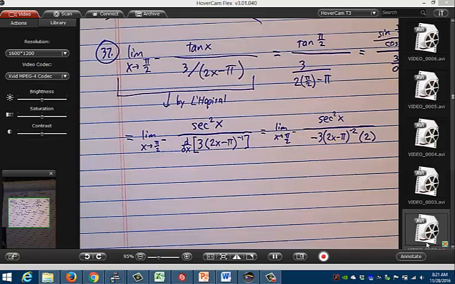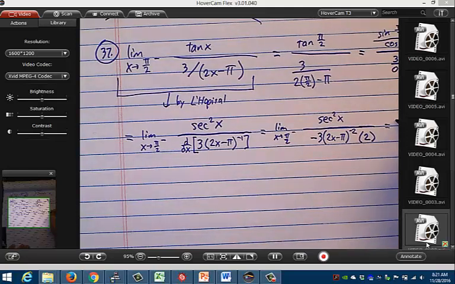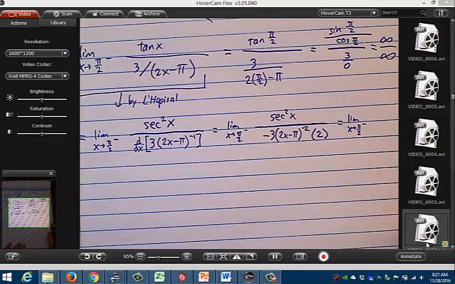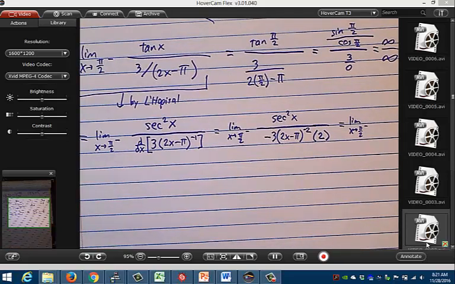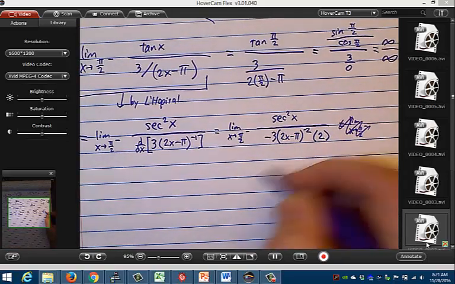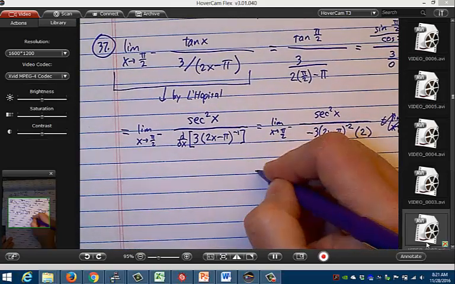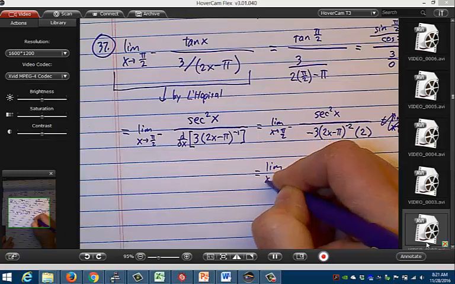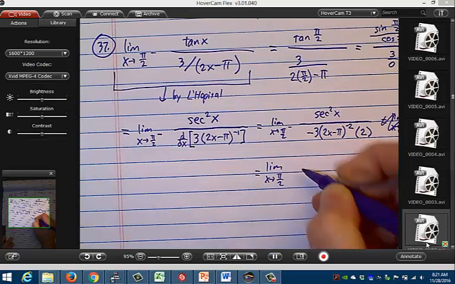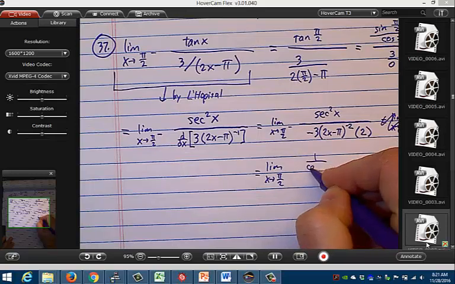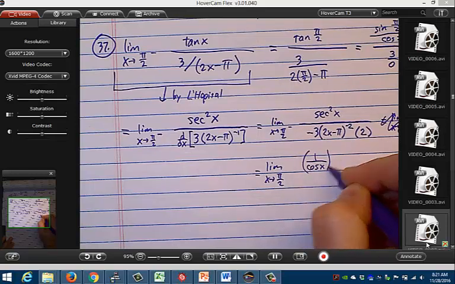So, let's see. This is the limit as x approaches pi over 2 from the negative side. It's kind of ugly. I better put it down here. Okay, so this is the limit as x approaches pi over 2 of, now secant squared, we know that that means 1 over cosine of x squared.